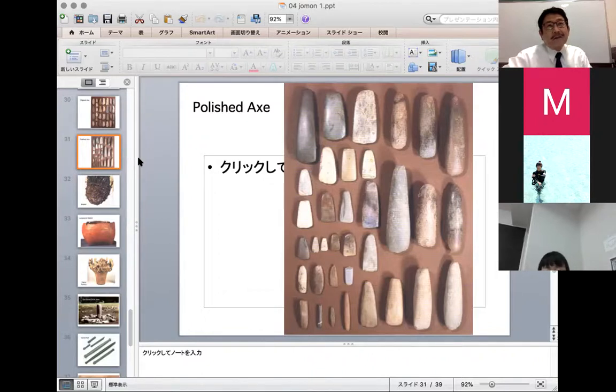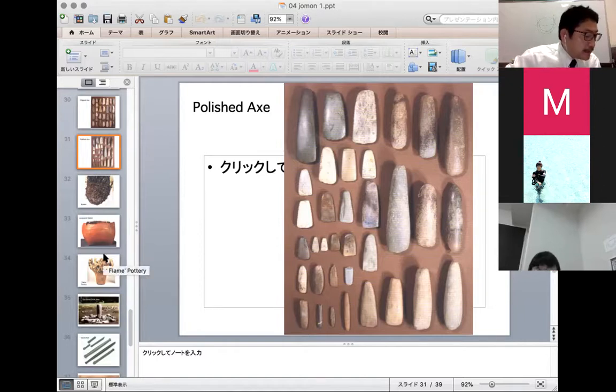The whole stone tool culture changed as the sedentary lifestyle was established in the Jomon period. All the tool types changed at the same time. Of course, you have to meet the needs for making various tools, and the needs changed from the previous time. So naturally, the tools changed too, right?